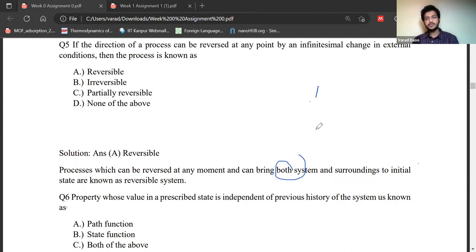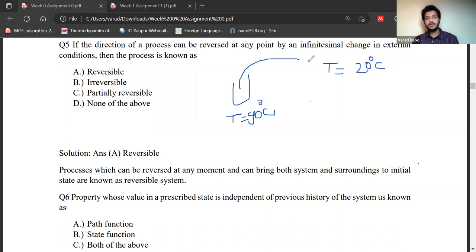There can be a process in which only the system can come back. For example, we can have a glass of water at 90 degrees centigrade. We put it in an environment at, let's say, 20 degrees centigrade. It will lose heat and eventually the temperature will become 20 degrees centigrade, right?